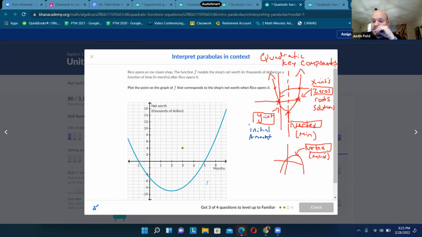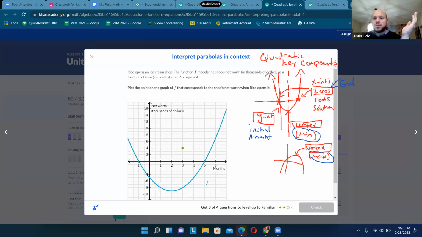But the vertex can be the maximum amount of something or the minimum amount of something. And the zeros are, just like before with the linear function, the ending, or when something hits the ground.